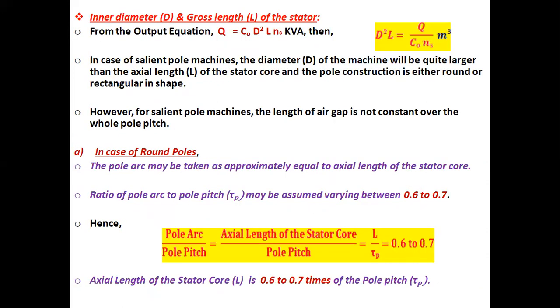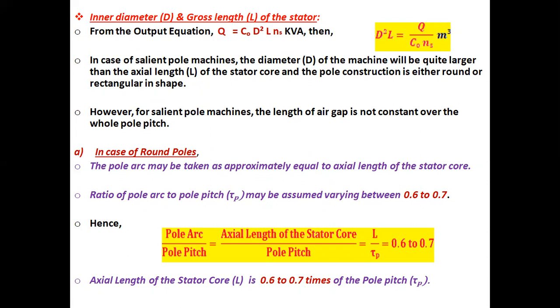Inner diameter D and gross length L of the stator. From the output equation, Q is equal to output coefficient C0 D square L ns kVA, so D square L is equal to Q by C0 ns meter cube.